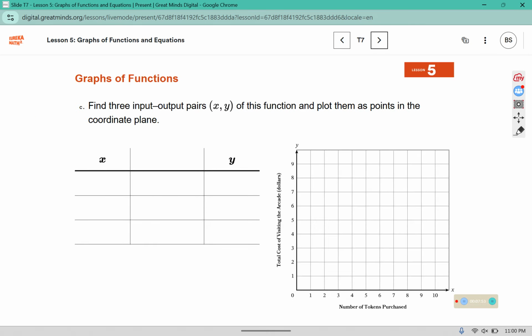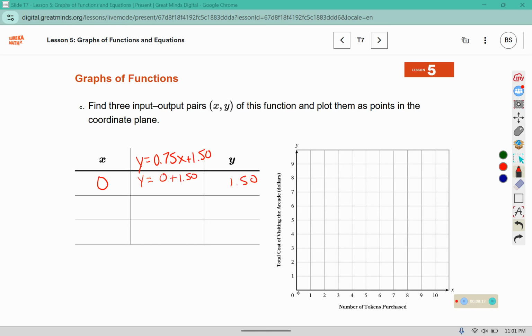Find 3 input-output pairs of this function and plot them as points in the coordinate plane. So if we put 0 tokens into that equation, y equals 0 plus 1.50, which is $1.50.